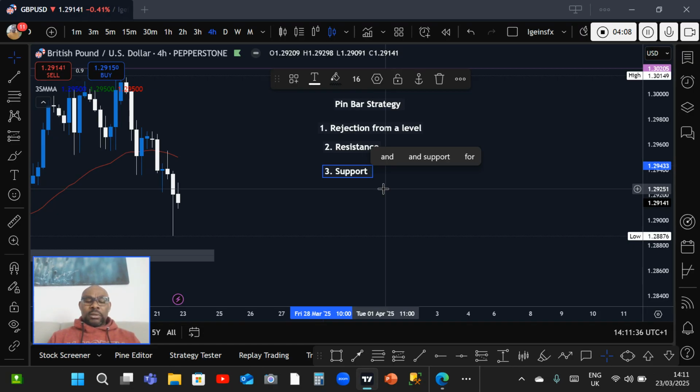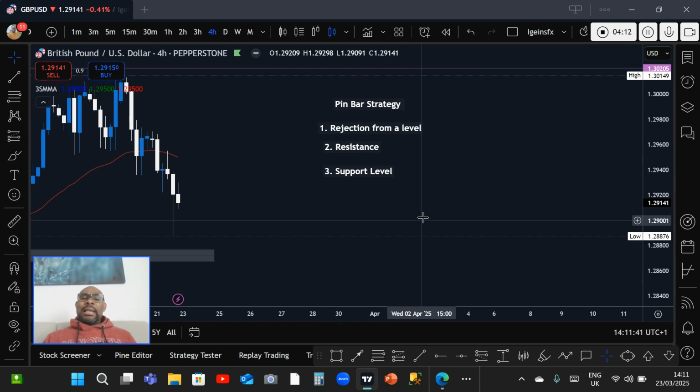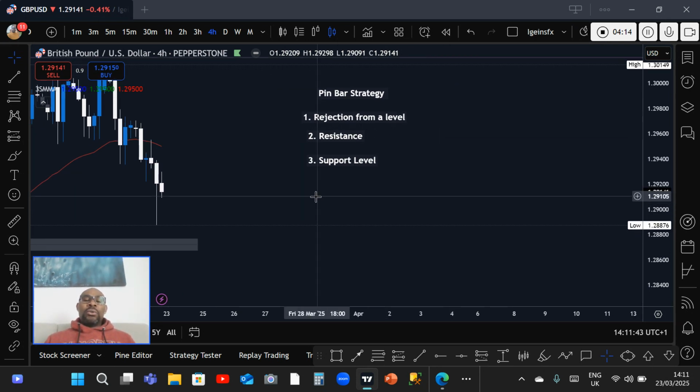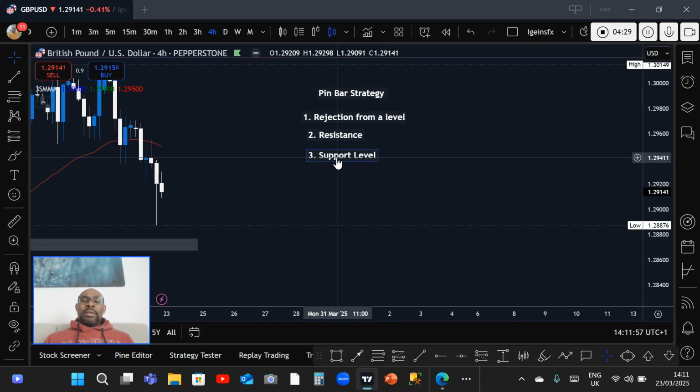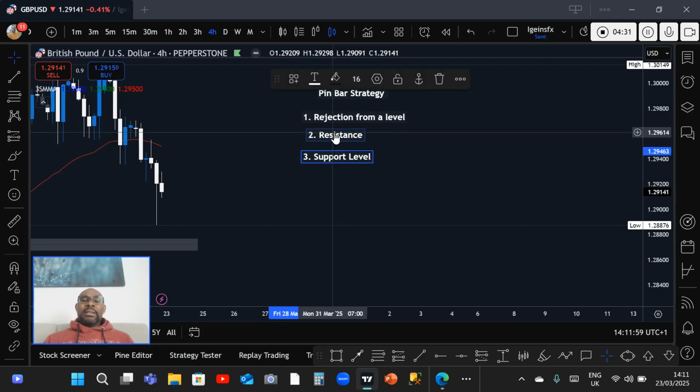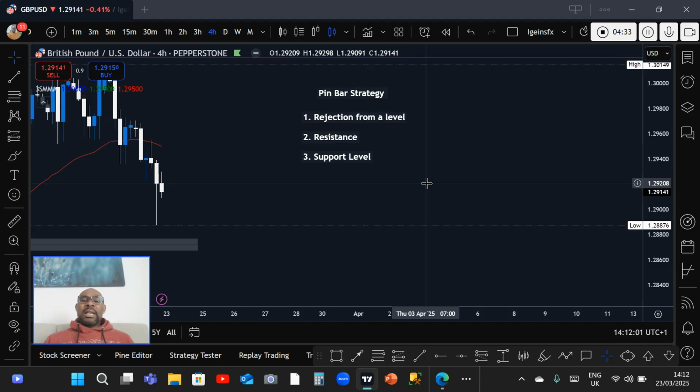So, a pin bar, and one of the criteria you should know is that it must align with the direction of the trend. All right? The pin bar must align with the direction of the trend.